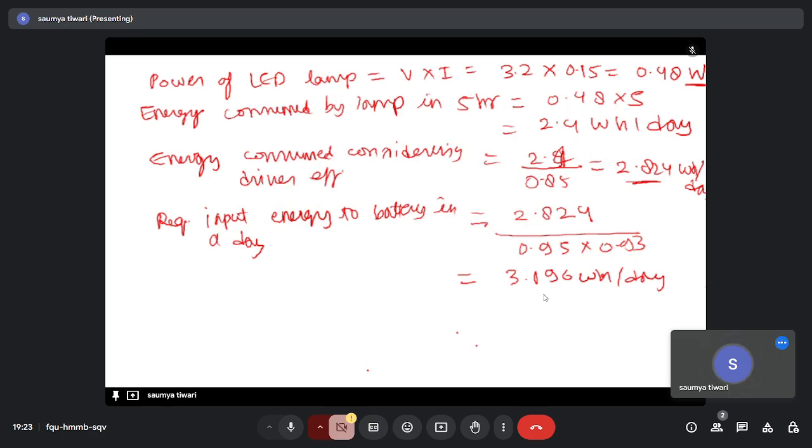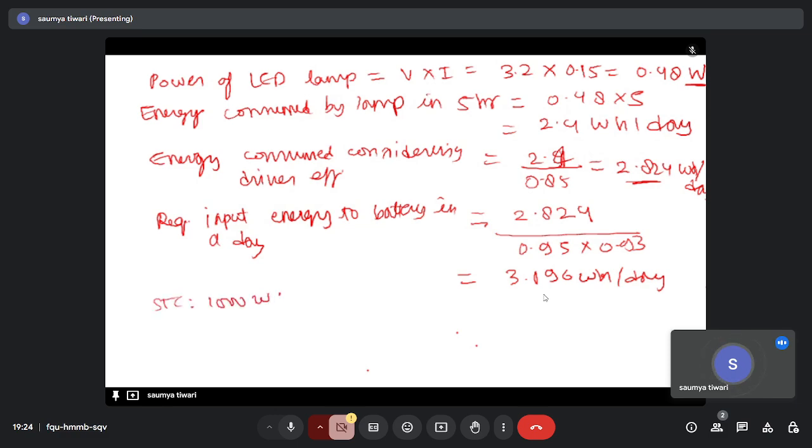Okay. Now, if you remember, the PV module rating is done at the standard value of solar global radiation of 1000 watt per meter square, if the cell is maintained at a temperature of 25 degrees Celsius, so standard testing condition.